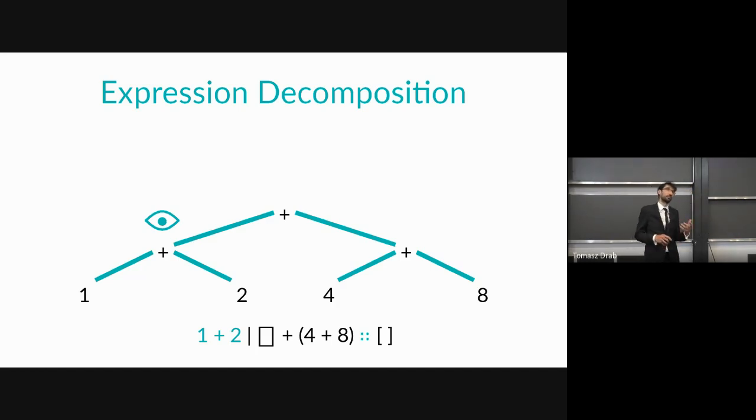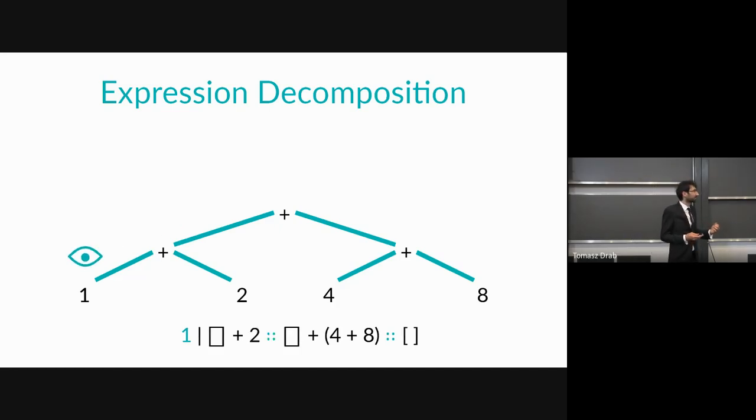So we can retrieve the information what the whole expression is and where we are in it. And we represent contexts as a list of frames, as a stack of frames. So if we move to the 1, we add to the stack another context frame that is hole plus 2.